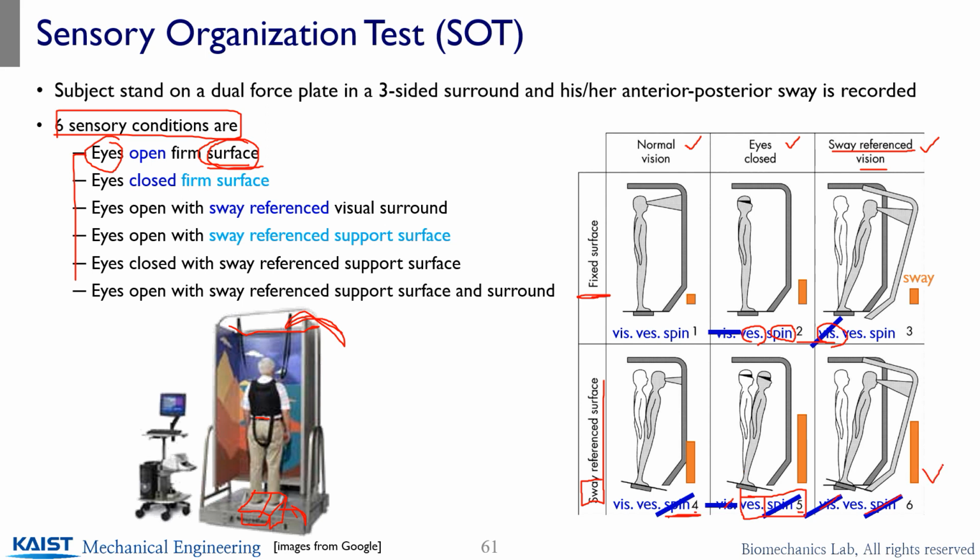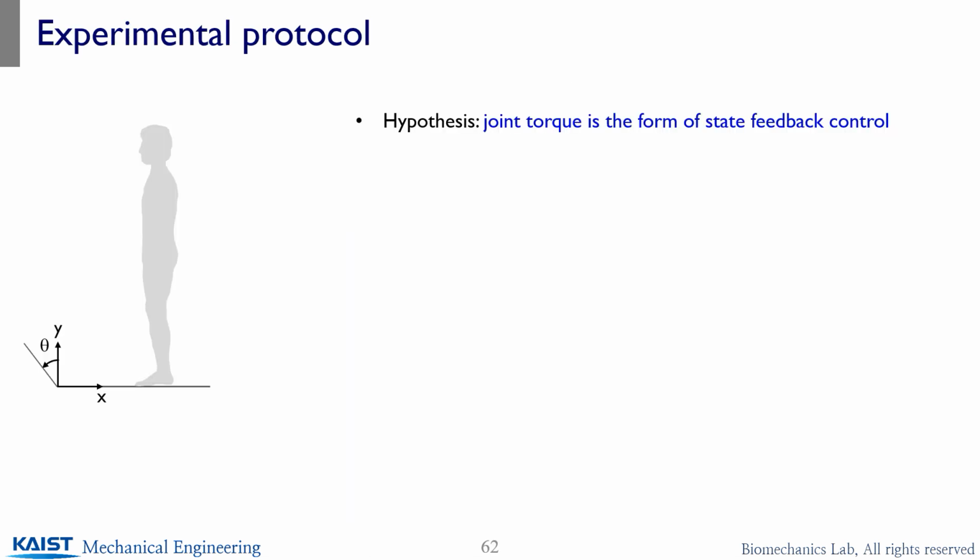So by having this experiment and measuring the sway quantitatively, we can estimate the sensory contribution to upright posture control and upright balance. That's one example of how sensory distortion affects behavior and tells us those sensory informations are used for posture control.